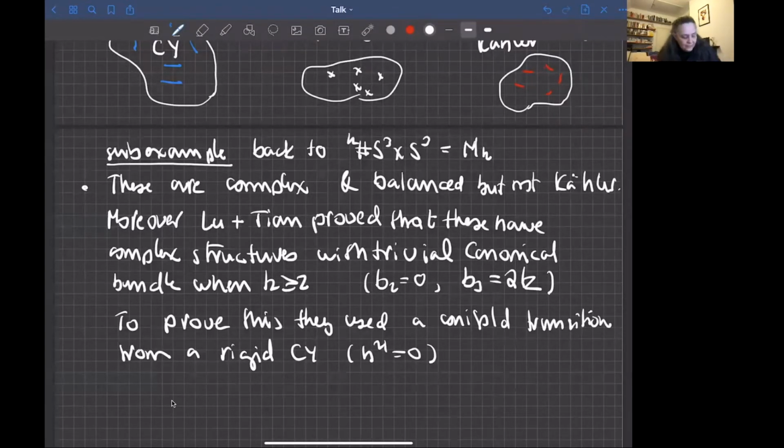And to prove this, what they used is precisely a conifold transition from a rigid Calabi-Yau manifold, right? So they started with Schoen's manifold, which is a rigid Calabi-Yau manifold, meaning no complex structure deformations, and they did a kind of reverse conifold transition to obtain these objects, and proved in this way that they are the kind of objects that we would be interested in.